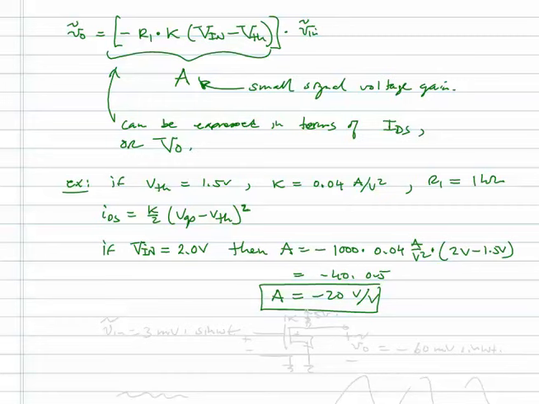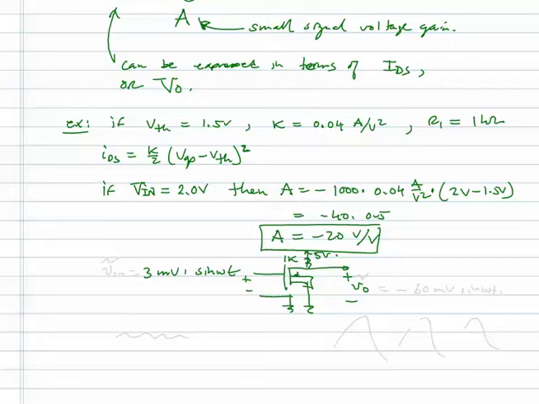So that means if you put in a 3 millivolt sine omega t at your gate, I'm not drawing the whole circuit very well, but if you put this at the input between the gate and the source, and this was tied up to 5 volts, and this is 1K, then the small signal portion that would come out would be equal to minus 60 millivolts sine omega t.